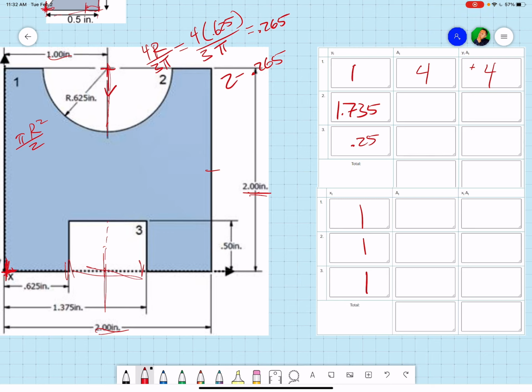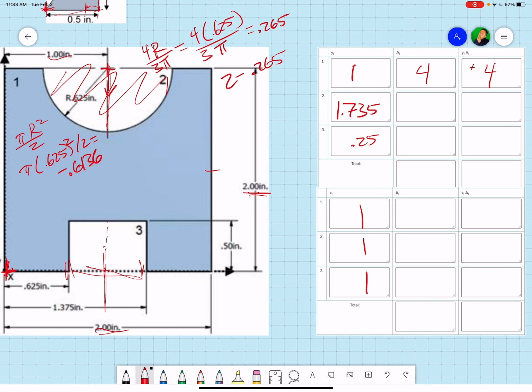So we're going to do pi times 0.625 squared divided by 2, and we get that value to be 0.6136. Now, this is a negative area because it's cutting away from the square. So we just make that a negative there.